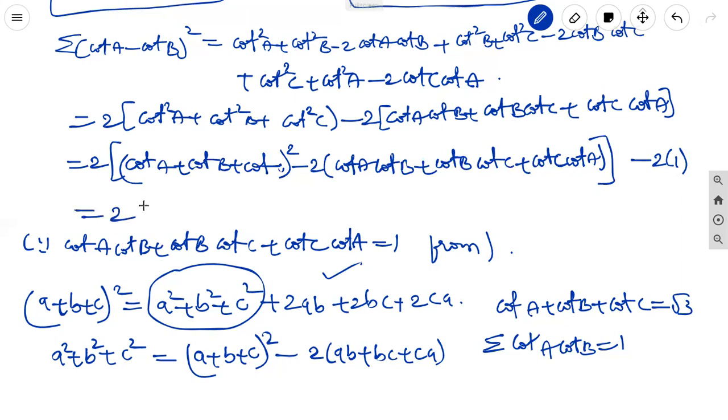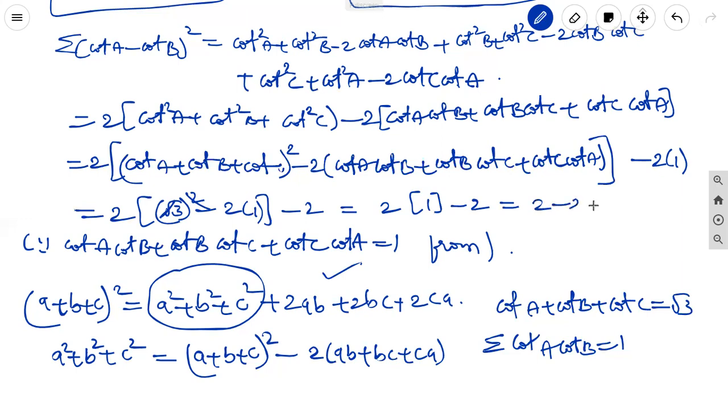Then here you can write 2 into root 3 square minus 2 into 1. Here minus 2. It is equal to 2 into 3, since root and square get cancelled, 3 minus 2 is 1, minus 2, 2 minus 2 is equal to 0.